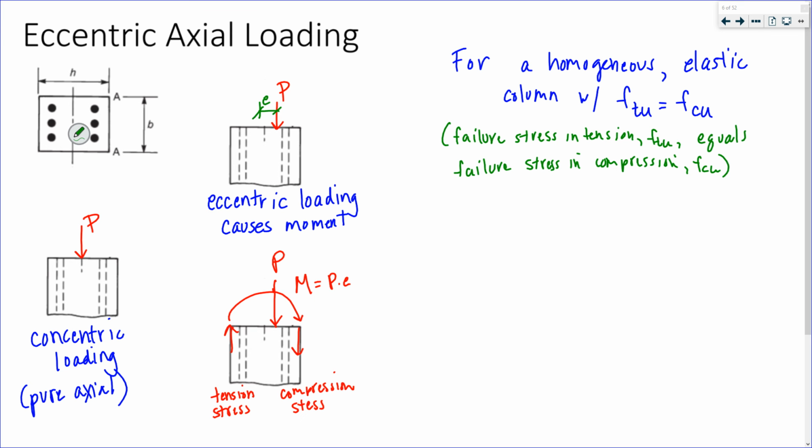Let's say I have a perfect same material throughout, it's elastic, it fails the same in tension as it does in compression.